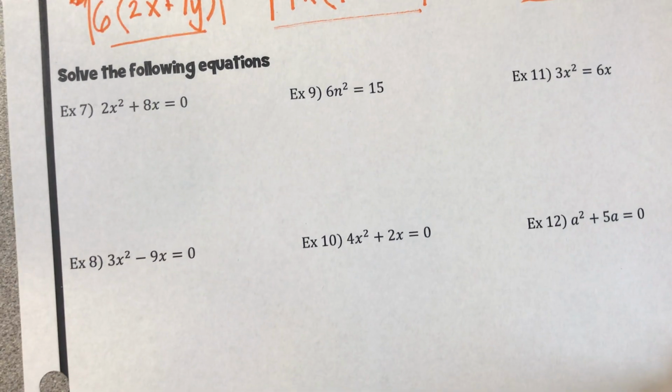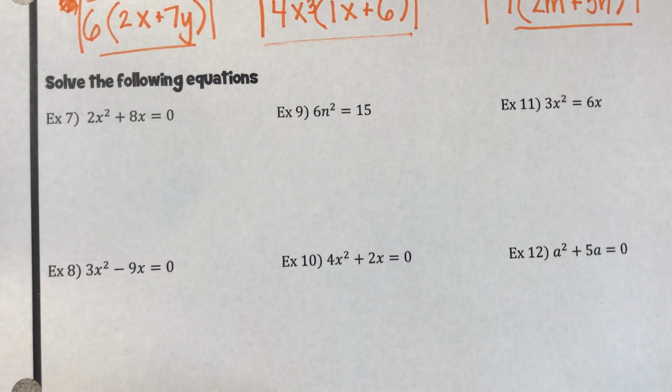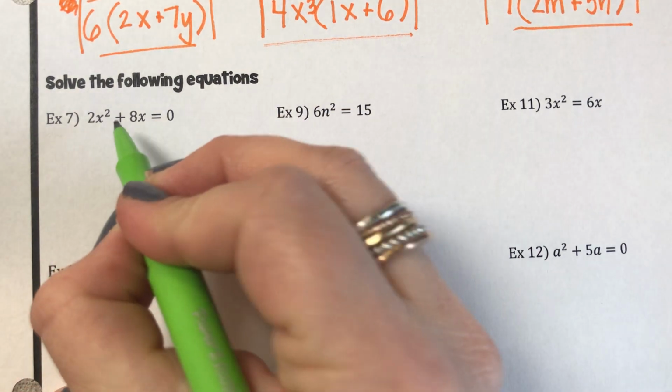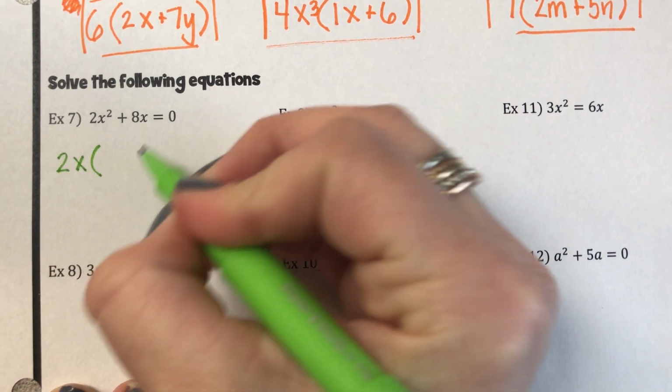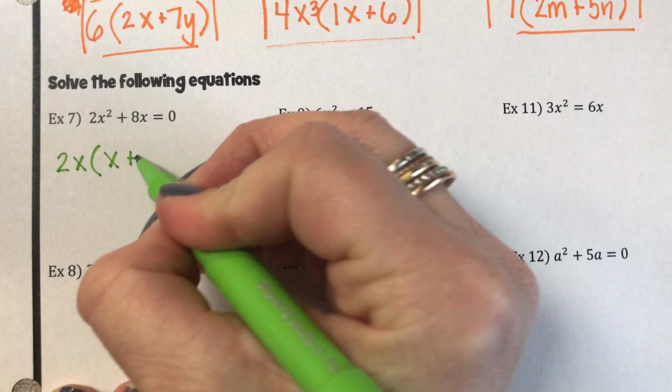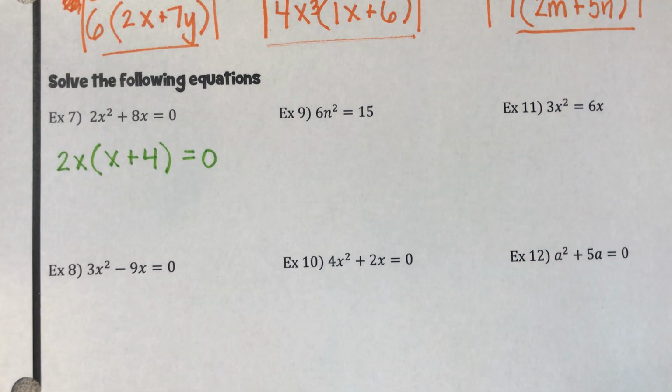So let's look at an application of that. Like, why do we care to be able to do that? And here is why. So look at number 7. We are going to factor out the common factor, right? What are they both divisible by? 2x. And inside, that leaves me with x plus 4. So if either one of those factors equals 0, then that could be our answer, right?